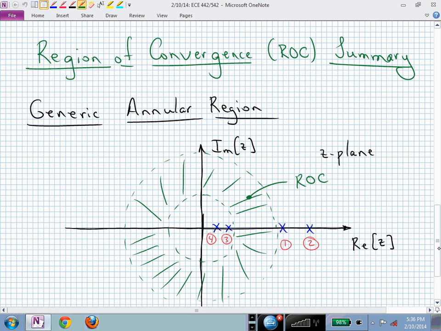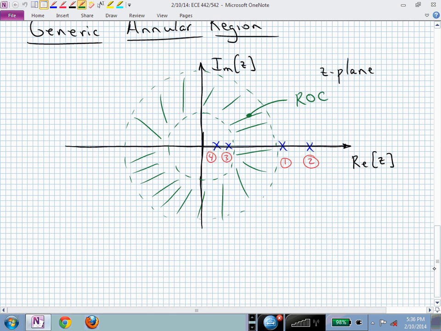Here, for this particular case, we can associate certain values of the little n time index with these associated pairs of poles. What do I want to start with?